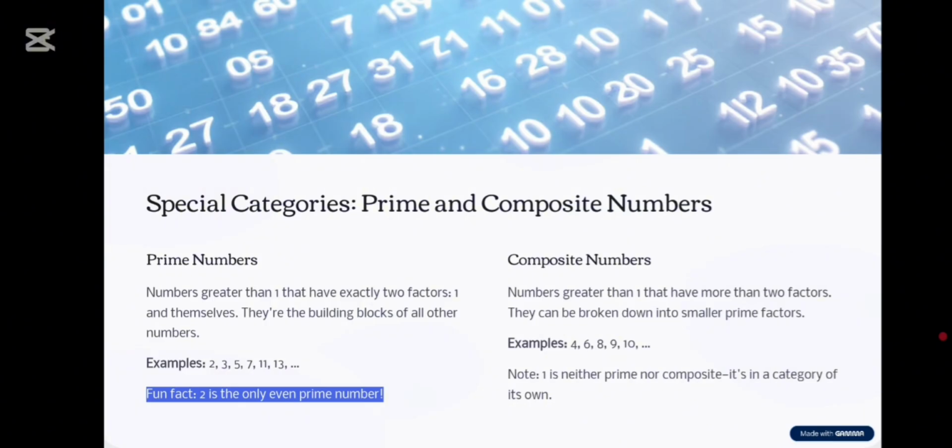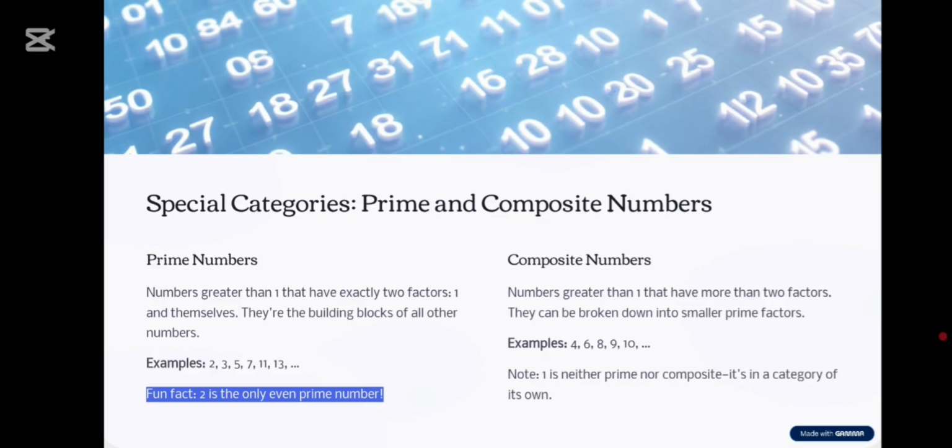For example, 2. The only numbers that can go into 2 are 1 and 2 itself. Then 3. The only numbers that can go into 3 are 1 and 3 itself. Same applies to 5, 11 and 13, without leaving a remainder. Those numbers having only 2 factors, 1 and the number itself, are known as prime numbers.